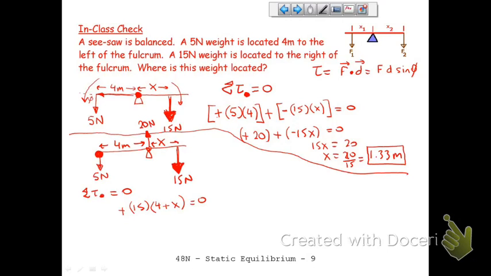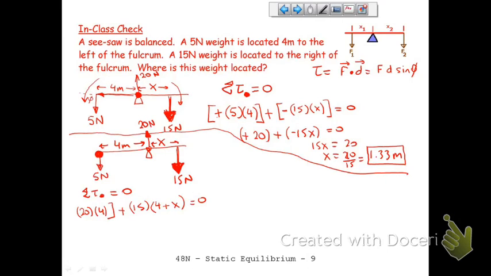In that first example, I ignored my 20 Newton force. I could ignore my 20 Newton force because I put my turning axis through it. That was a very significant thing. So I've got to realize what we're doing. In this case, I'm going to ignore the 5 here. So now I have this guy here, and this is going to be 20 times 4.